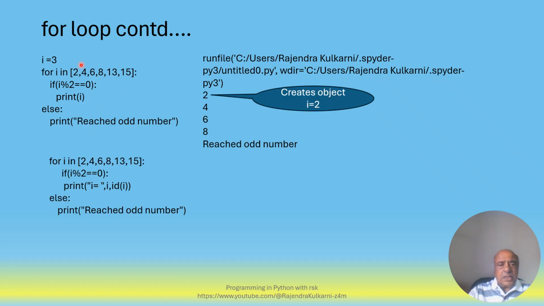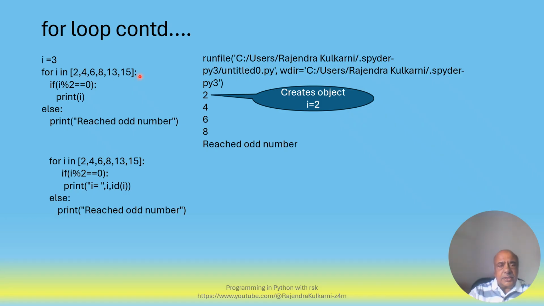The important thing that we have to note here is, whatever object the reference I was referring to before the for loop, that reference is lost, or that name I is disconnected from the object 3, and it starts referring to a new object created with the first value of the list, or range.